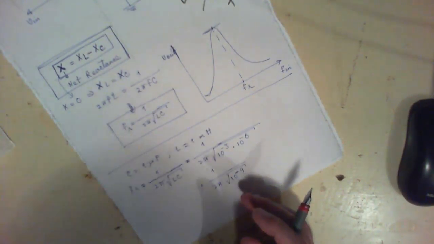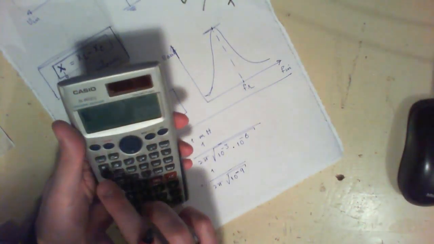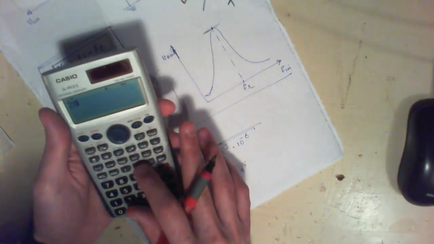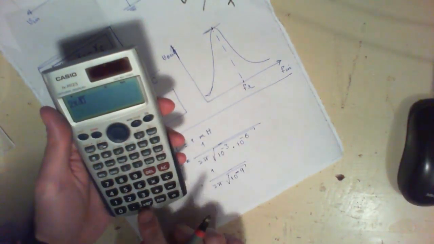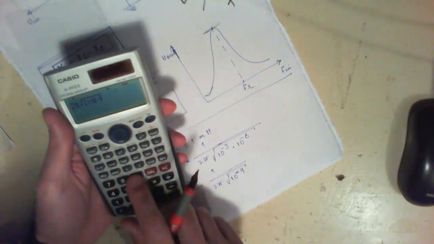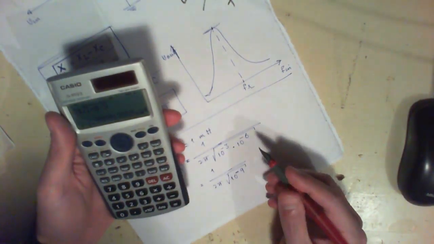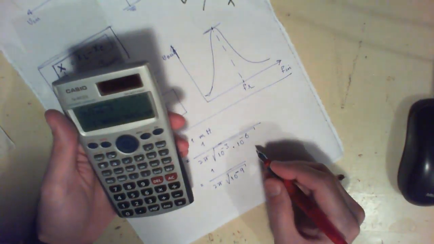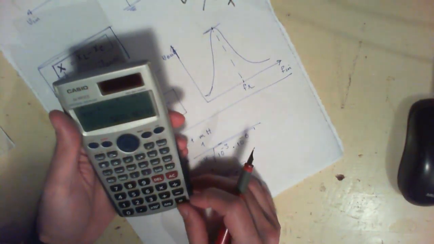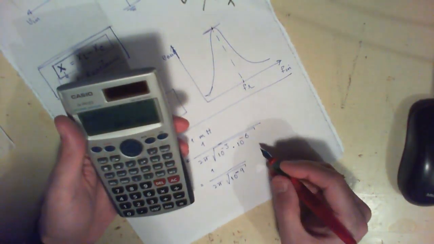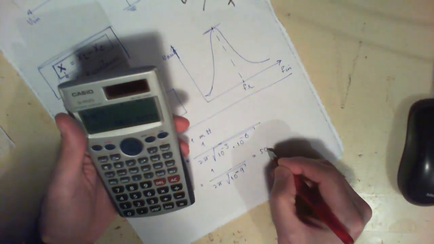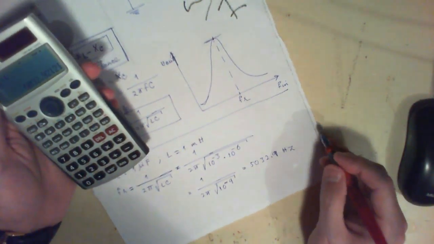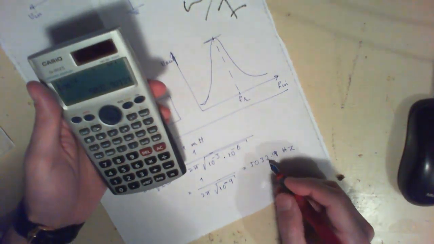If you calculate that using a calculator, let's do it this way: 2 pi times the square root of 1 into 10 raised to the power negative 9, and the reciprocal of that is 5032.9 hertz, which is the same thing as 5 kilohertz or so.